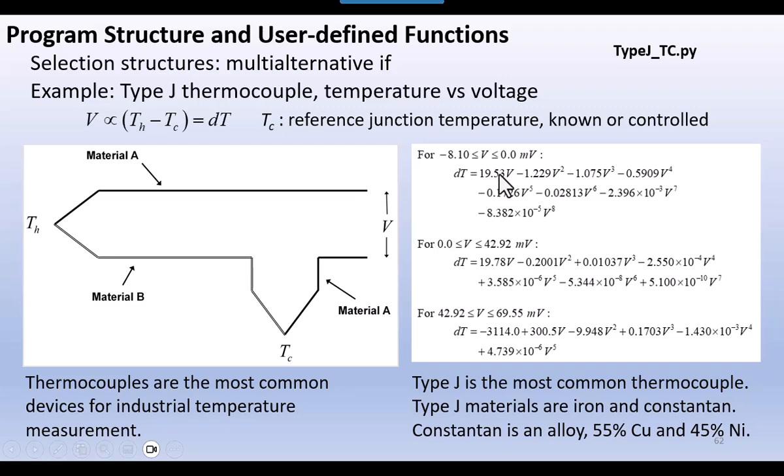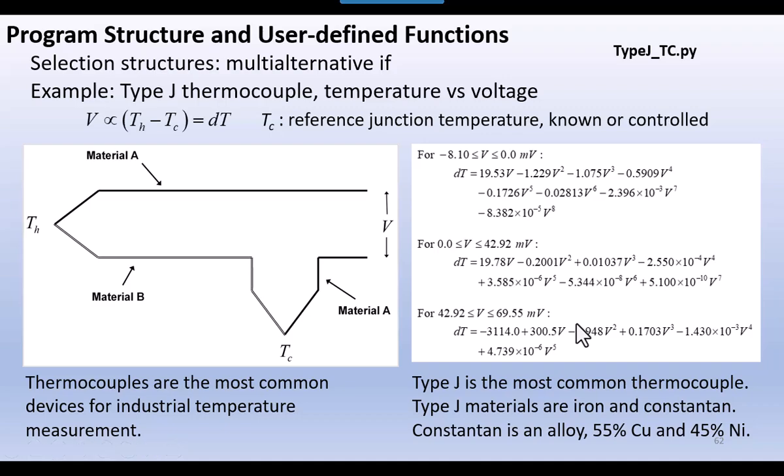And here it's in millivolts, -8 roughly up to 0, 0 to about 43, and 43 up to almost 70. And outside of these ranges, the thermocouple does not provide accurate measurements. So the overall range here is from -8.1 millivolts to 69.55 millivolts. So that is what we want to implement in Python code.